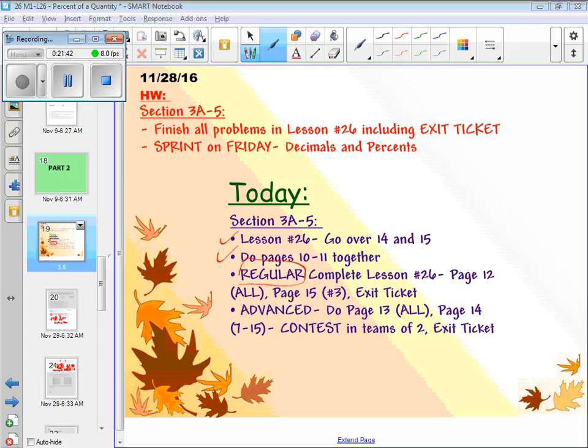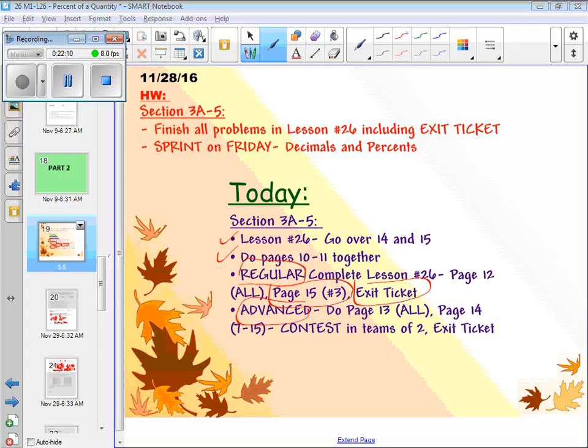Like I said, you could do TRF if you want, but if you want to do straight multiplication, you can. You just got to show your work. All of page 12 is percent of a number. Then, page 15, question 3, it's the only one left on that page. And then you can do your exit ticket. And don't forget, we have a double period, so whatever doesn't get done in the next 5 minutes, we'll complete after lunch.